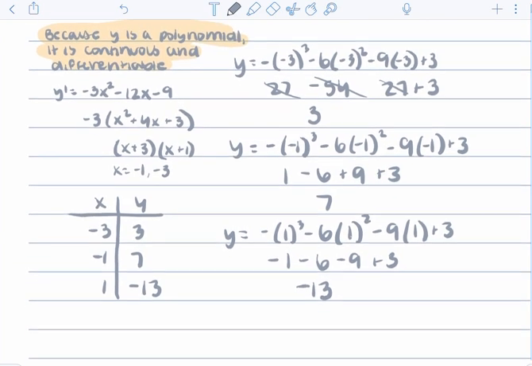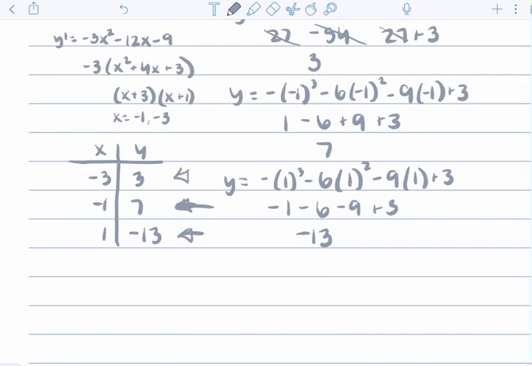So here we have our 3 separate points. And so we can tell the min is at 1, -13. And then the max would be at -1, 7. And then this point right here would either be a relative min or relative max. We don't know.